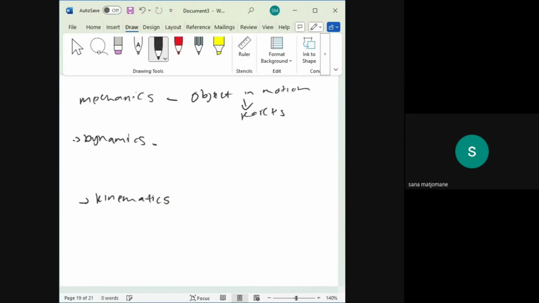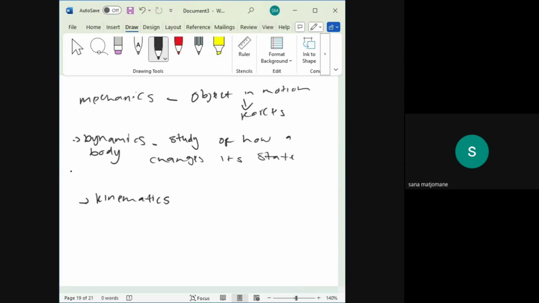So now let's discuss what dynamics is. When you describe these things, you must say it's the study of something. This is a study of how a body changes its state. When I say its state, guys, I can say its position, velocity, or acceleration.